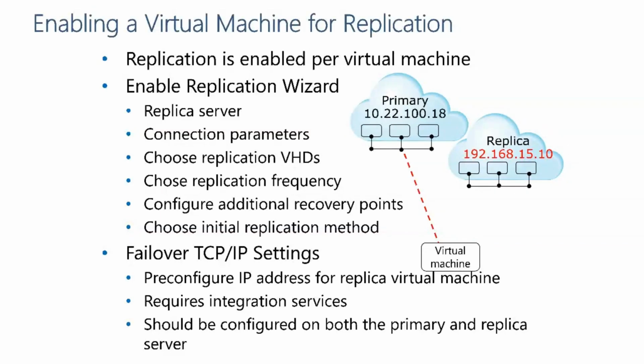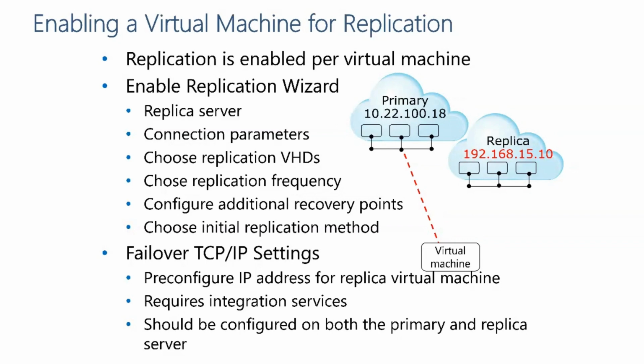Obviously, if we talk about our primary site and our secondary site, there's going to be different network or different subnet, right? So how can your virtual machine go over there and work straight away? So we can configure what's called TCP/IP failover settings, which basically pre-configures an IP address for the replica virtual machines, and obviously when it's a failover, it takes on this failover setting instead of the original settings. And this requires the integration services. If you remember what the integration services is, like the VMware tools of Hyper-V.